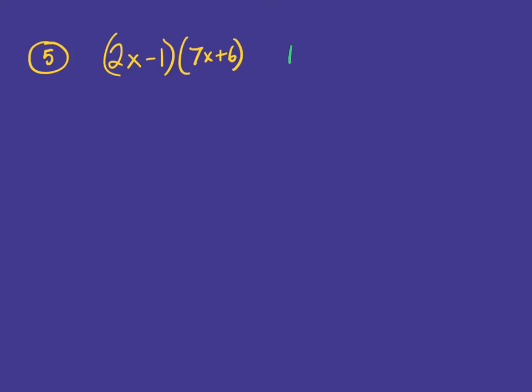And a lot of times the way that we multiply this is referred to as FOIL, where you're taking the first times the first, the outers, which would be the 2x and the 6, multiplying those, the inners, multiplying the 2 inside ones, and then the last one in the first parentheses times the last one in the second parentheses. But basically all we've done is we've distributed the 2x to everything in the second parentheses. We've distributed the negative 1 to everything in the second parentheses. Largely just the same thing that we did in the last example.